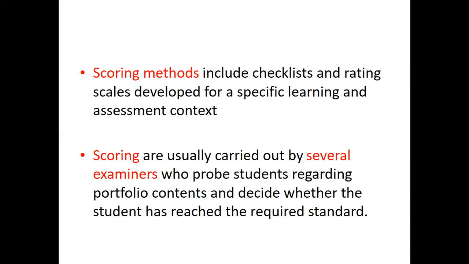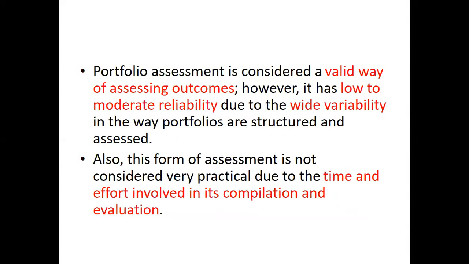Just to reduce bias, selection bias, favoritism bias, or maybe observation bias as well. That's why the scoring is usually carried out by several examiners who probe the students regarding the portfolio contents and decide whether the student has reached the required standard or not.